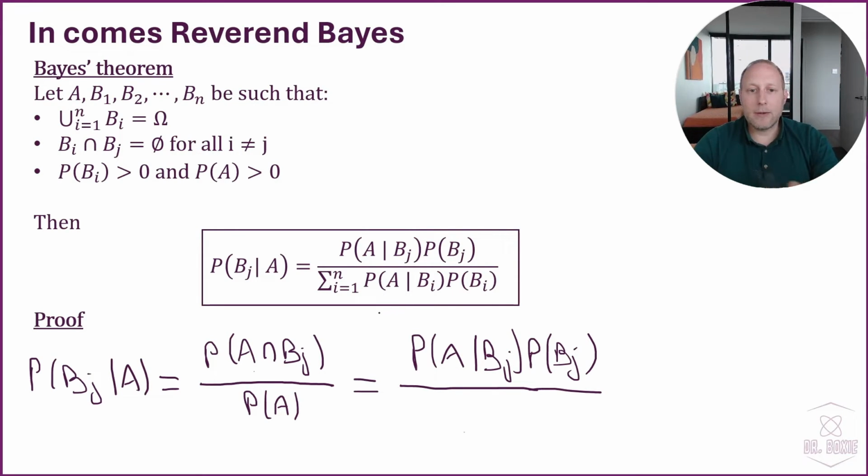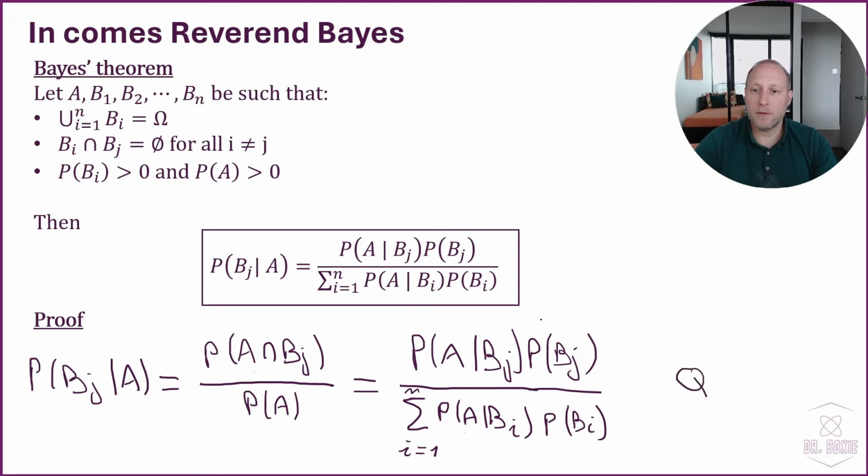And in the denominator, we have P of A. But we can now apply the law of total probability to it because all the conditions of the law of total probability here at the top are valid in this case. And the law of total probability tells me that P of A is equal to the sum for i going from 1 to n of P of A given Bi times P of Bi. And that is exactly the statement we wanted to prove.